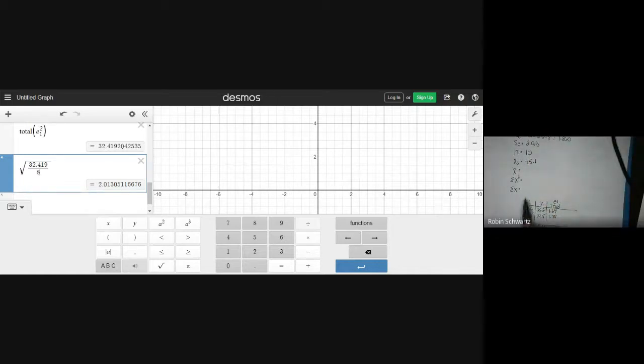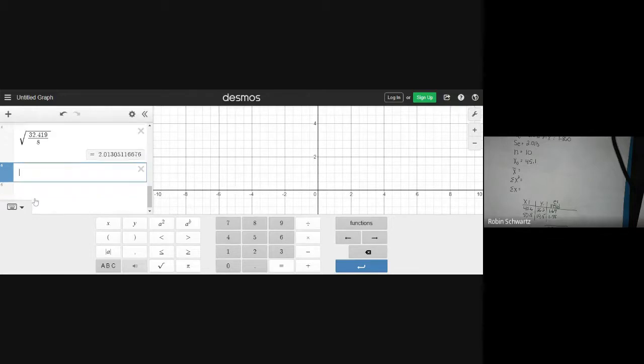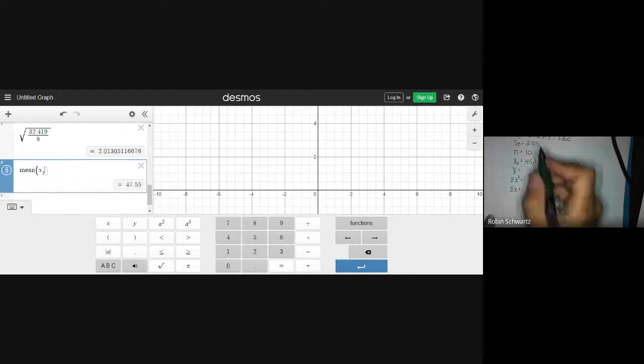Okay, now we need the average of the x's. So remember, your x's are in column 1. So I'll just go down to another line here and say mean of x1, 47.55.